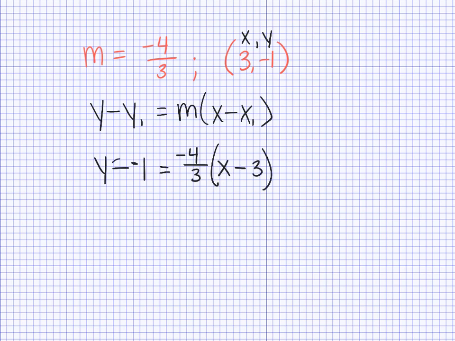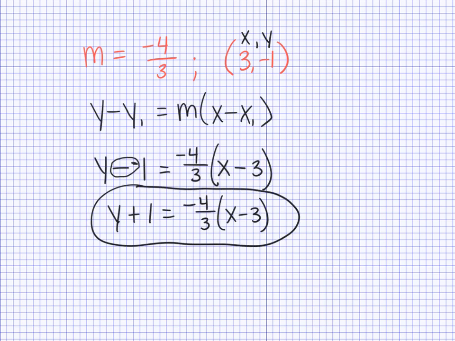Now again, I notice right here this minus and negative would actually become a plus. So I'm just going to clean that up a little bit. And that would be your equation in point slope form. Now, you may be asked to write the equation in slope-intercept form, and that would just mean, okay, now you need to solve it for y.